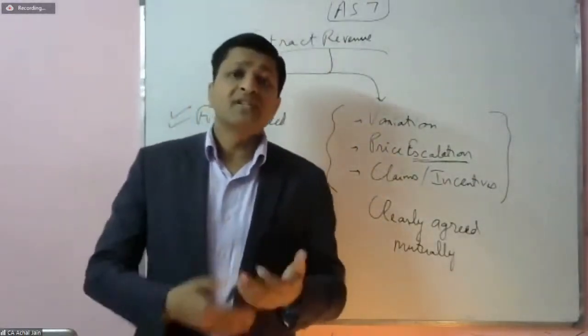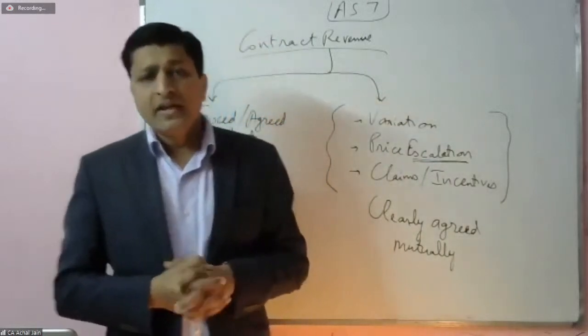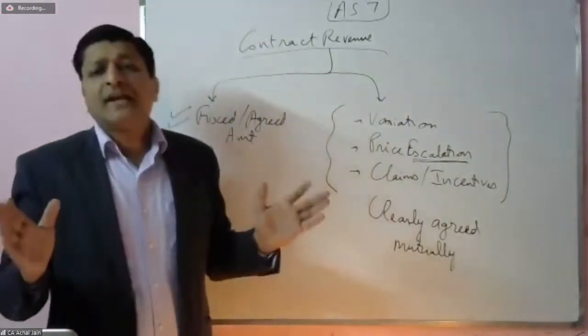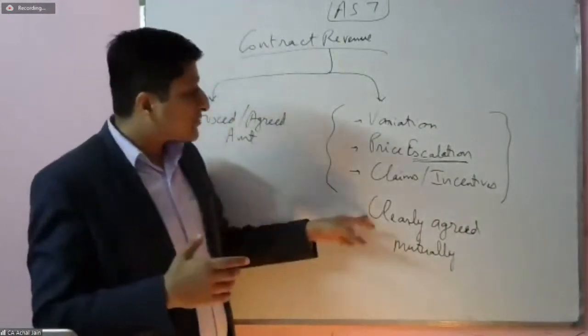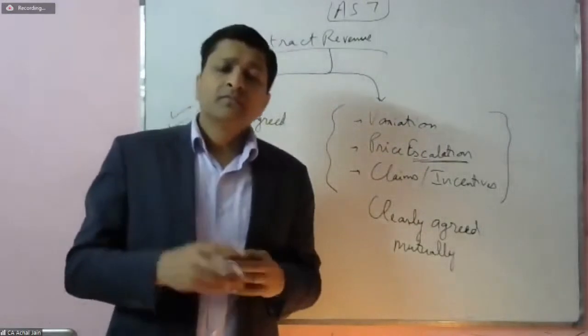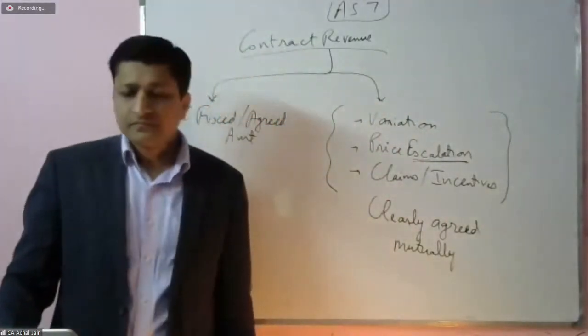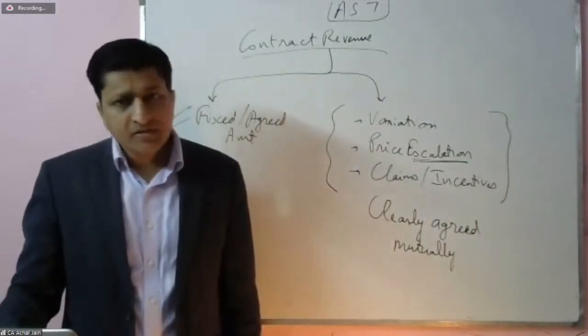But if this is under discussion, not clearly agreed between the parties, then till the time we are not certain in terms of any of these amounts, they should not be included as part of contract revenue. Okay, clear on this?